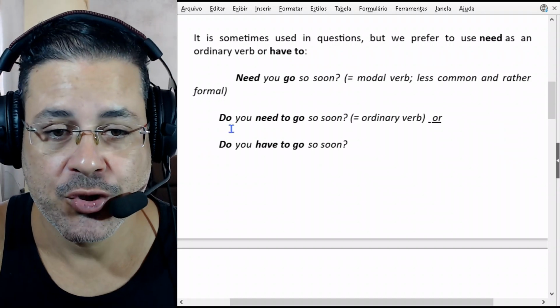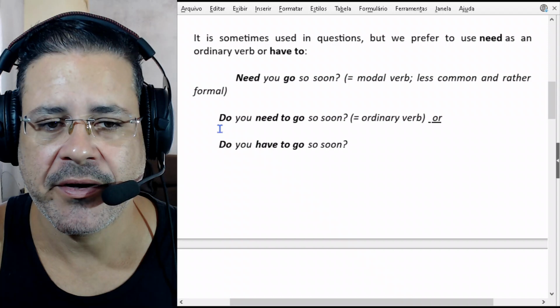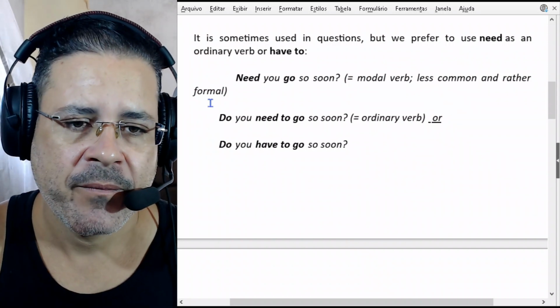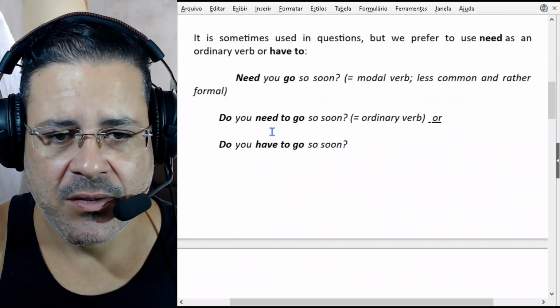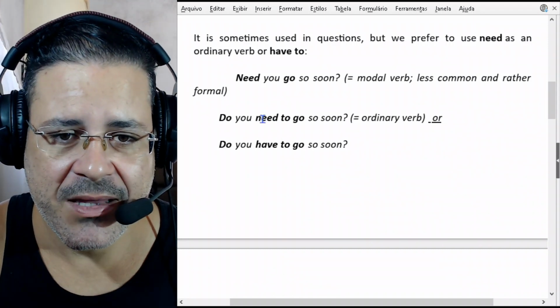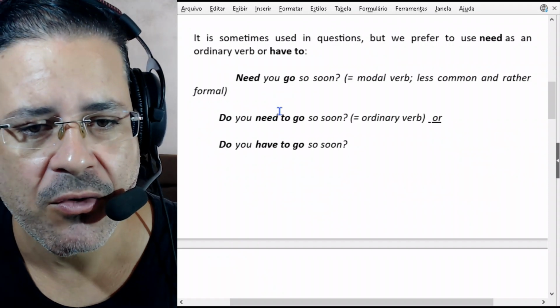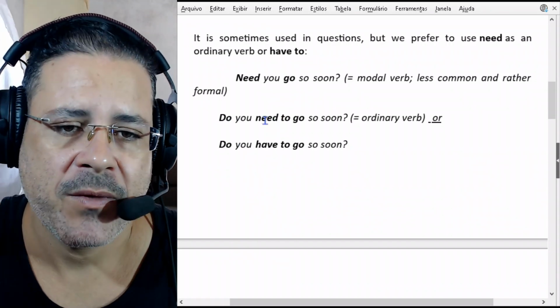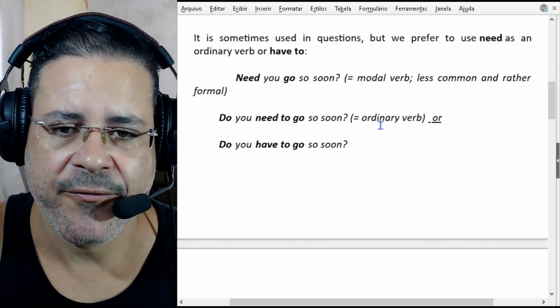Now, do you need to go so soon? So notice that we're using the auxiliary verb to add need to the sentence. So this is an auxiliary verb to the ordinary need verb. So this is in its ordinary form.